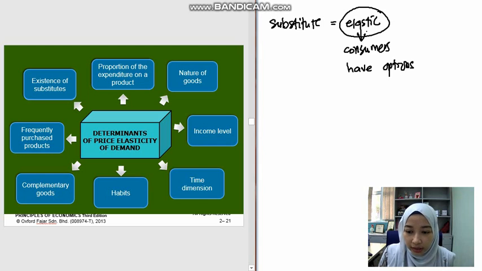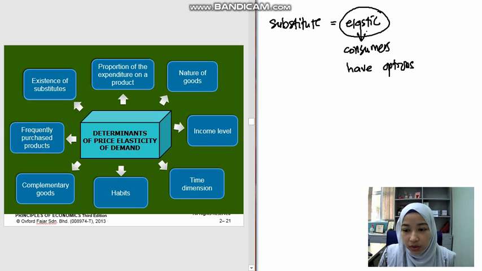Okay, so when the price rises too high, the effect on our income is bigger. The impact is high on our income. We have to spend more of our income on purchasing that particular product. So our demand or our purchase will reduce by a huge amount.